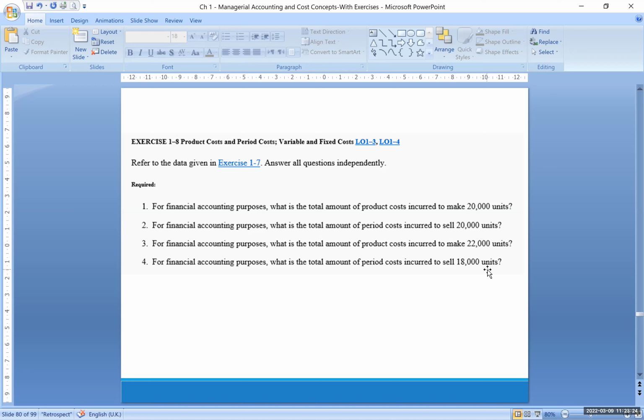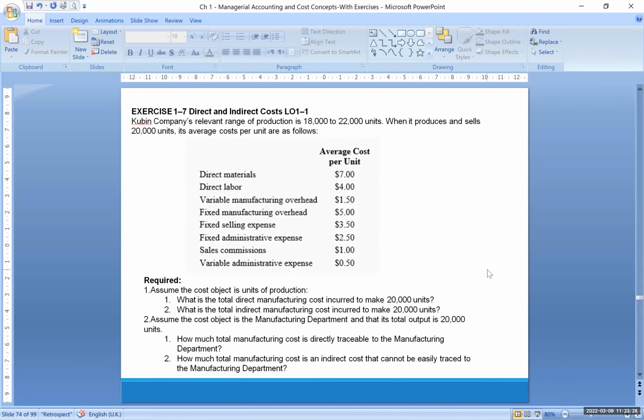So go back to the question. The costs to be a product cost include direct material, direct labor, variable manufacturing overhead, and the fixed manufacturing overhead.